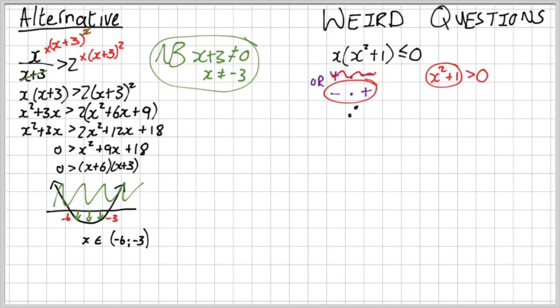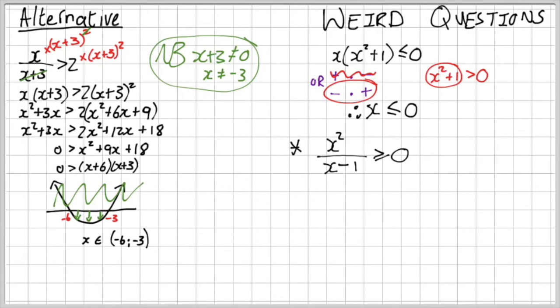This leads me to say that x must be smaller or equal to 0, meaning the x in front of the bracket has to be a negative, because a negative times the positive in the brackets is smaller or equal to 0. So I've only got one set of solutions: x smaller or equal to 0. 2 marks, wham bam, thank you ma'am, we're done. Let's look at another example.